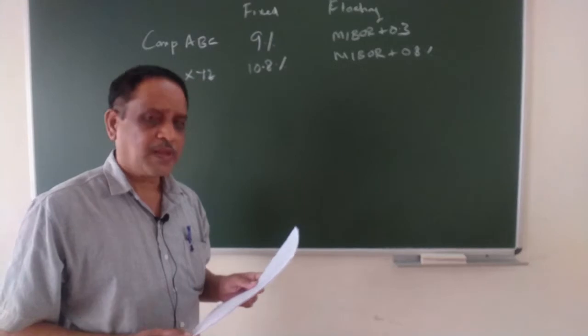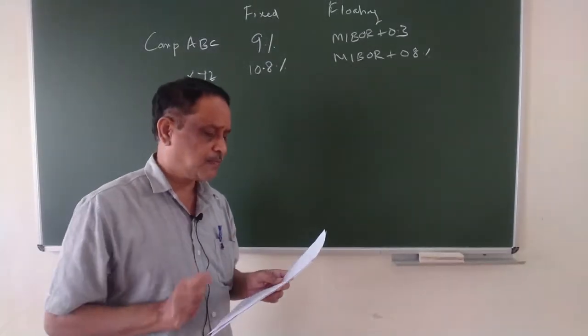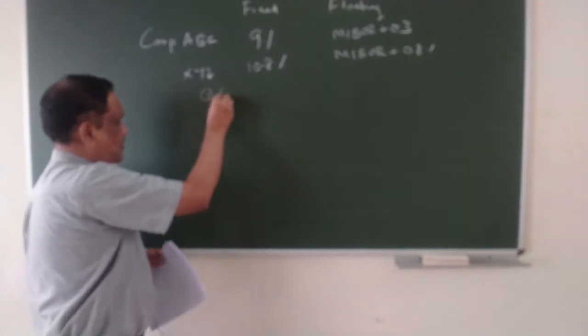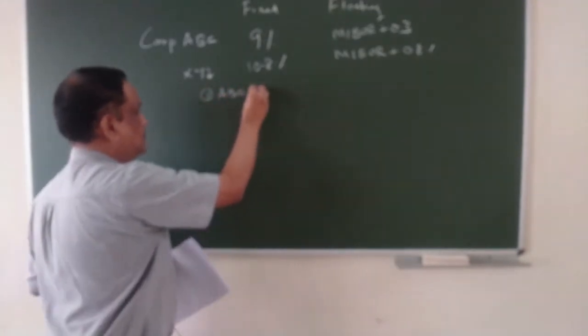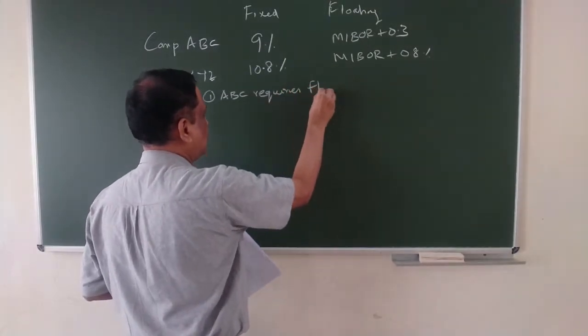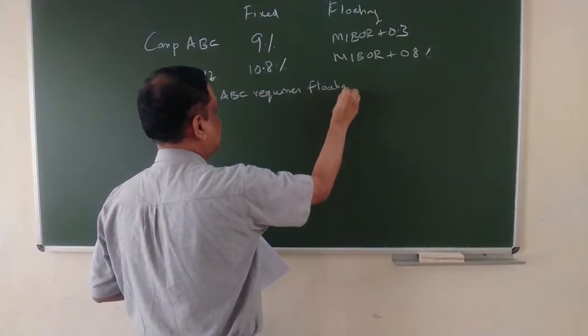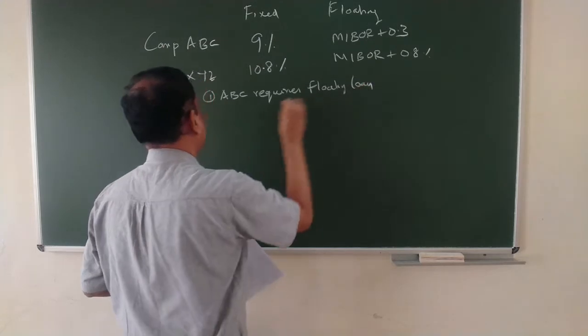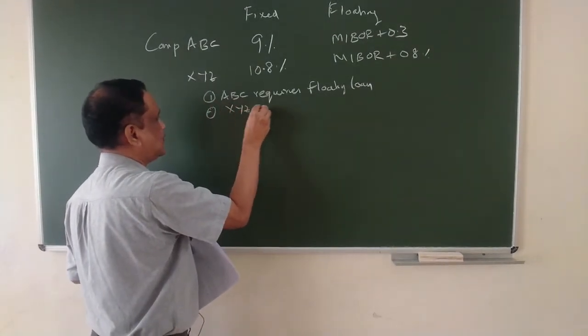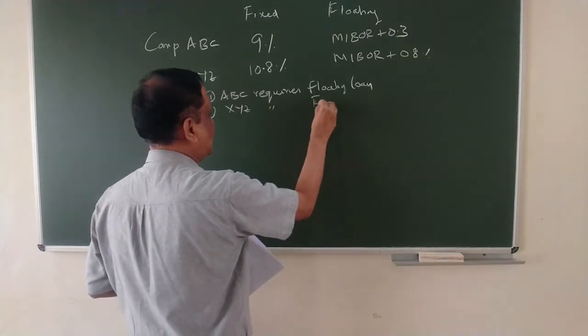So for that, the conditions are: first one is ABC requires a floating loan, XYZ requires a fixed loan.